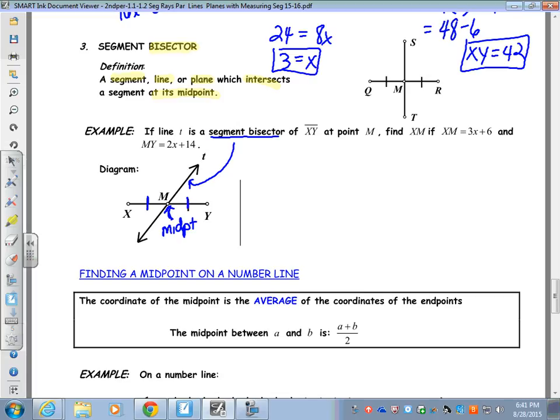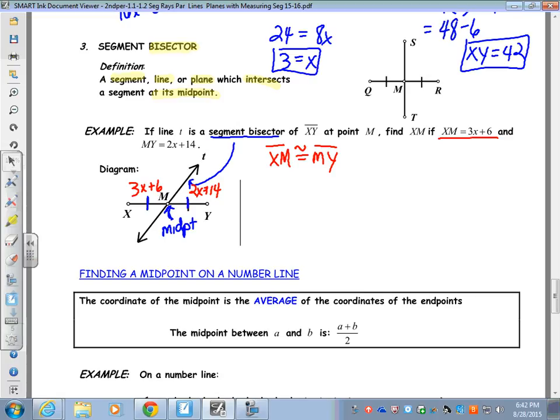which is M. Well, if XM is 3x plus 6, and MY is 2x plus 14, and both of those have the same marking, then I know that XM is equal to MY. Or the segment XM is congruent to the segment MY.